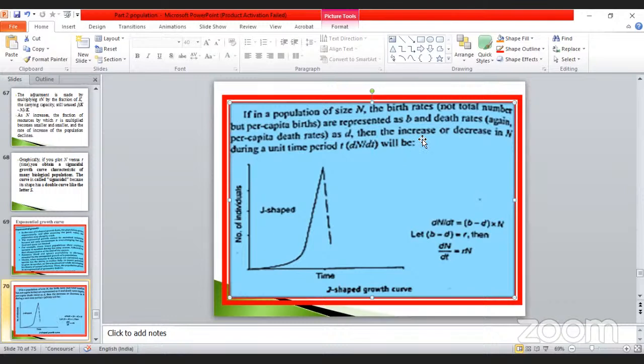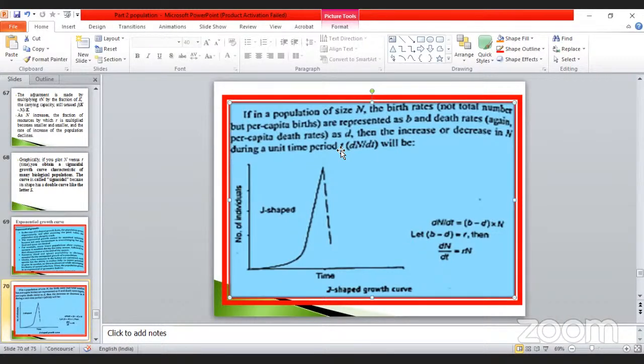Okay. And then the increase or decrease in N, the number or density of the population, we already know about. So this is denoted during a unit time period, that is denoted as t. So here the factors are noted on N, the population size, right?